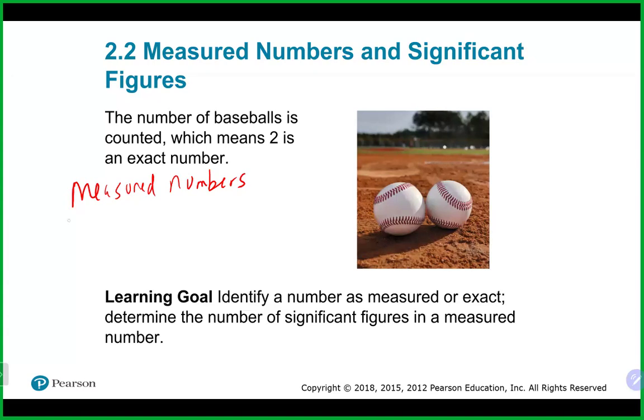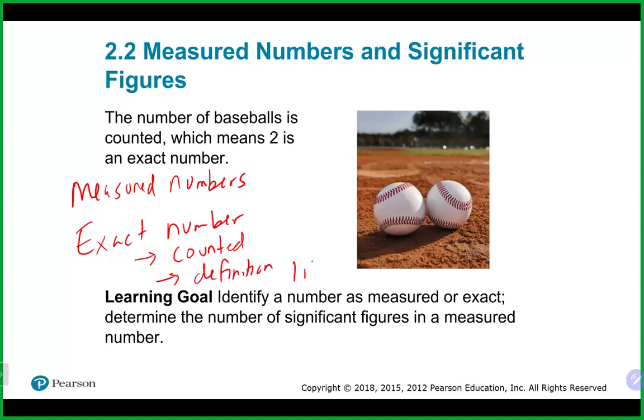The other type of number that we come across is what is referred to as an exact number. And there really are two ways that we see exact numbers in chemistry. One way is it is something that is just counted. The other way is it's some type of definition, like 12 inches equals 1 foot.